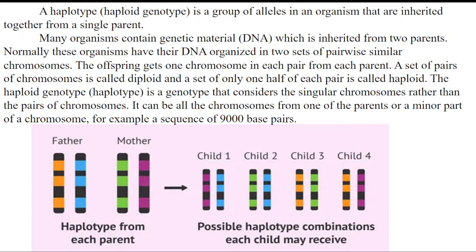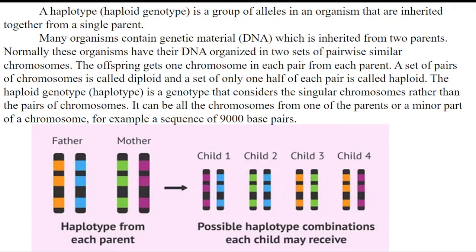A haplotype is a group of alleles in an organism which are inherited together from a single parent. Many organisms contain genetic material which is inherited from two parents. Normally, these organisms have their DNA organized in two sets of pairwise similar chromosomes. The offspring gets one chromosome in each pair from each parent.